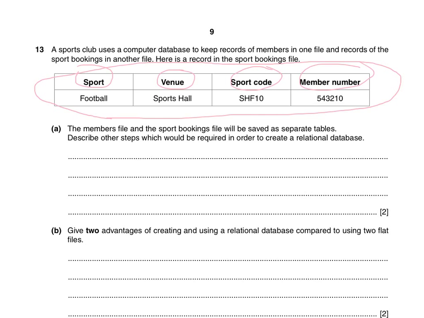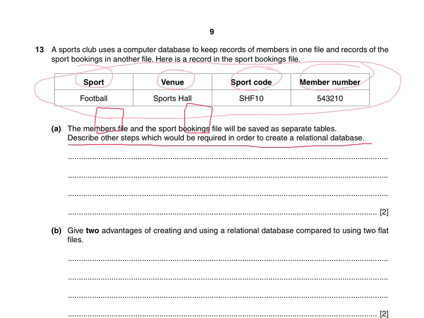Now, looking at the question, the members file and the sports bookings file will be saved as separate tables. So you've got to imagine that this would be a table and the sports file would be a table. Describe other steps which would be required in order to create a relational database.